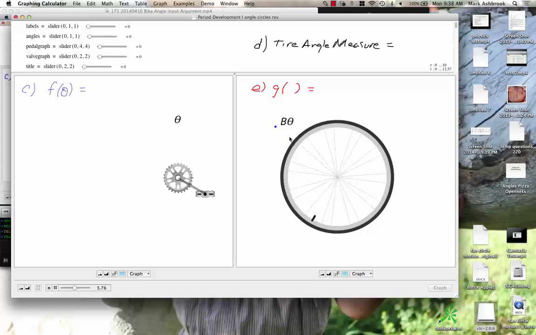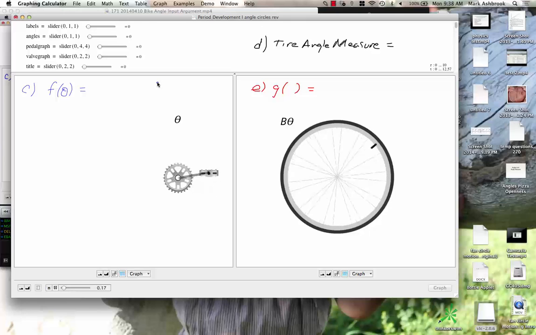Evelyn. So what will output the horizontal distance of the pedal in fractions of radius length? Sine theta. Agree with that? Cosine theta. Change your mind? Or stick with cosine?